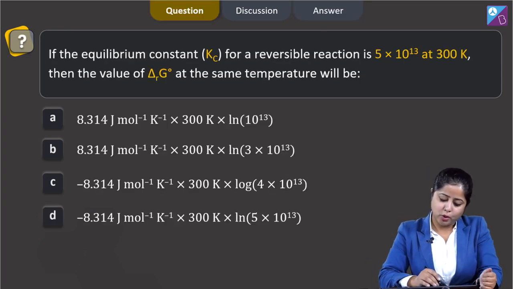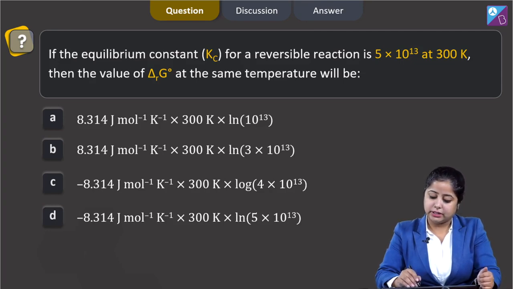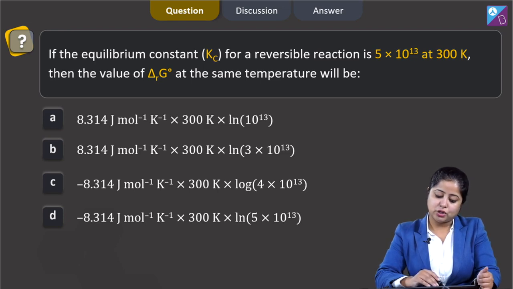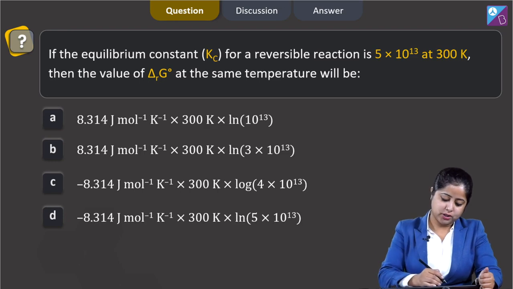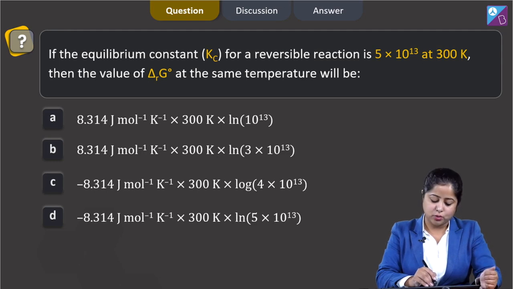If the equilibrium constant Kc for a reversible reaction is 5 into 10 raised to the power 13 at 300 Kelvin, then the value of delta rG naught at the same temperature will be. Students, the options are 8.314 joule per mole per Kelvin into 300 Kelvin into ln 10 raised to the power 13.